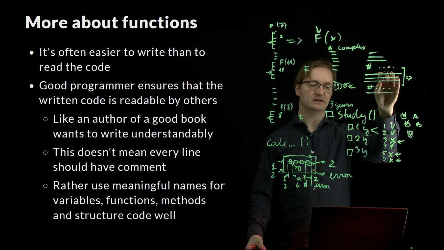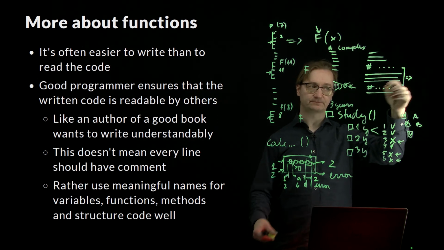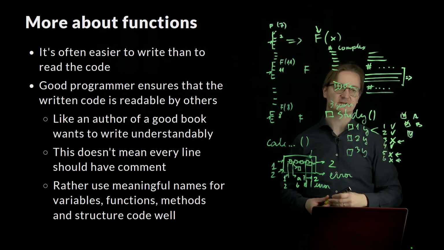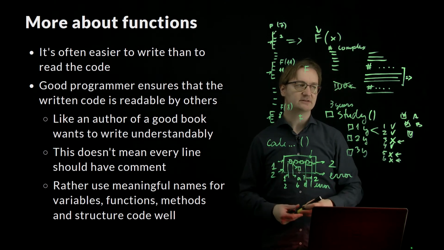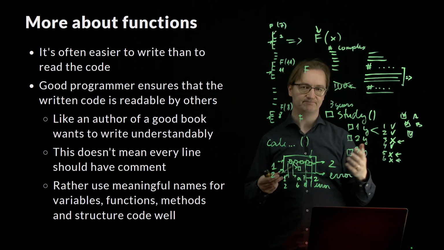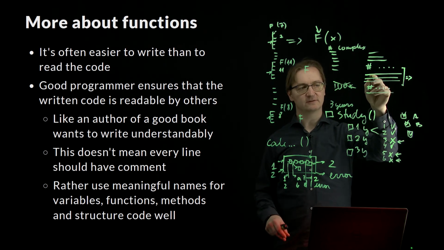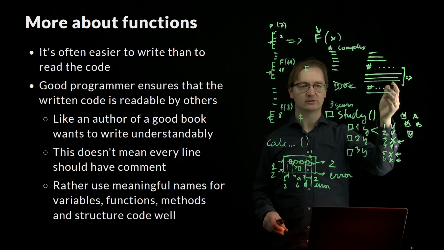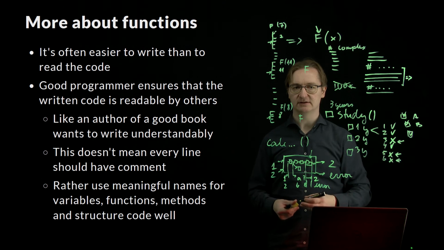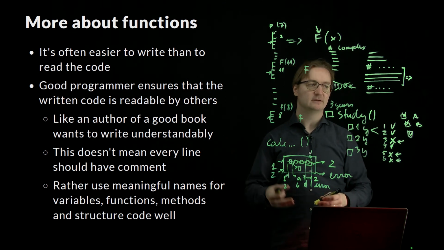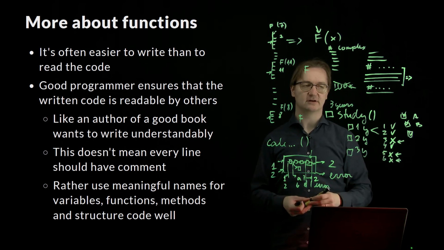So there are 3 lines of code, but if I write them into a function called calculate average salary for employee, then instead of those 3 lines I call the function calculate average salary for employee, and it's already more understandable.